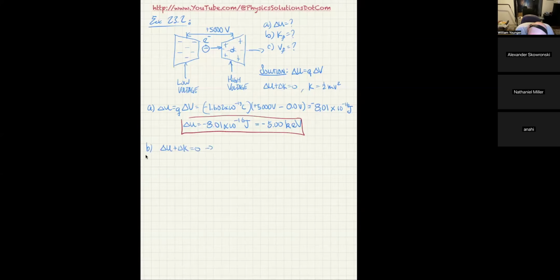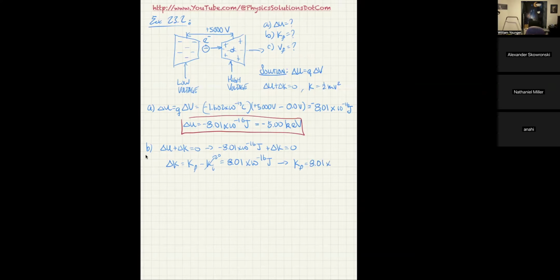That tells us negative 8.01 times 10 to the negative 16th joules plus delta K is equal to zero. And that means delta K, which is K final minus K initial, and K initial is zero, is going to be equal to 8.01 times 10 to the negative 16 joules, and therefore K final is equal to 8.01 times 10 to the negative 16 joules.